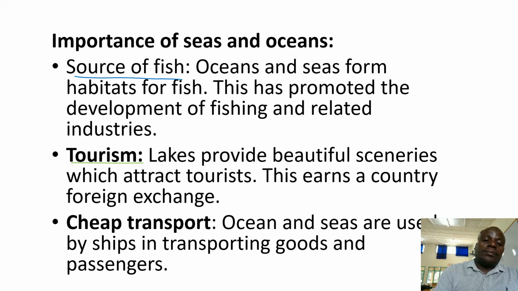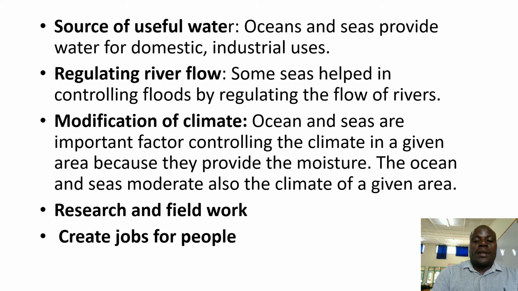Next, seas and oceans provide cheap transport, navigation. Next, seas and oceans are a source of water for home use and industrial use. Seas and oceans regulate river flow.